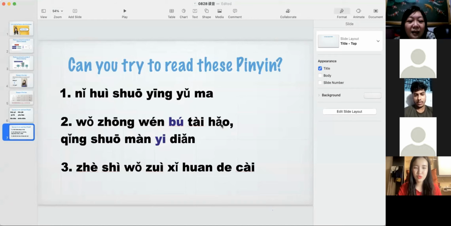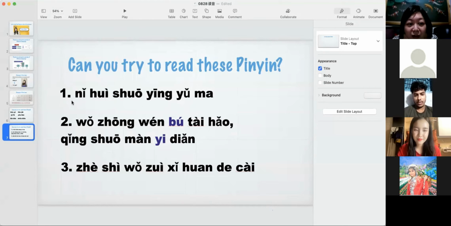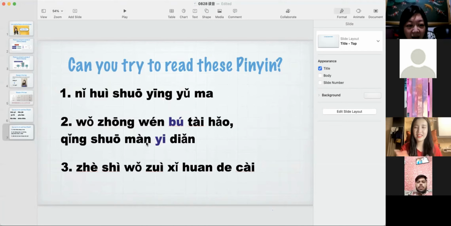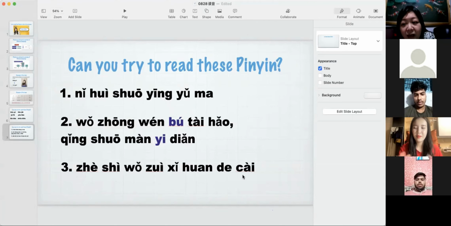And then reading sentences. 你会说英语吗？ Second. 我中文不太好。请说慢一点。 这是我最喜欢的菜。 Perfect. You're all correct. I will just read you in a normal Chinese speed, okay?